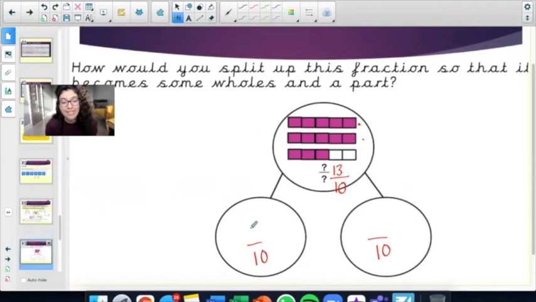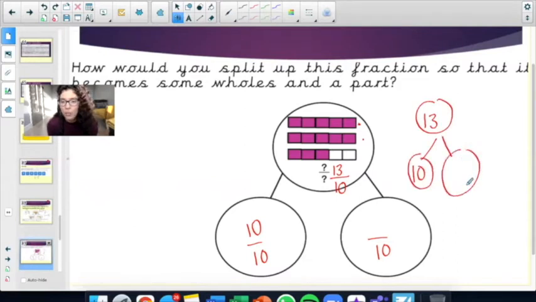So the denominator is 10, that means the numerator will be 10. Now, I've already taken 10 out of my 13 and I've put it in the left-hand side circle. So what do I have to put here? I have to put here the number that you add onto 10 in order to get 13. And that would be 3. So that's how you would divide it.